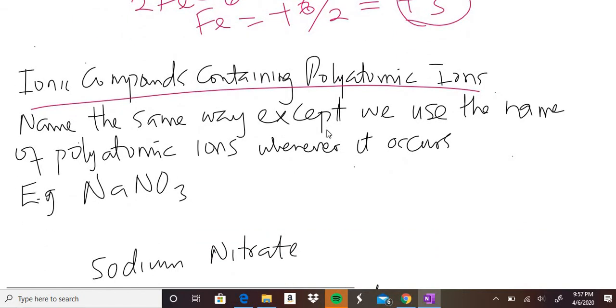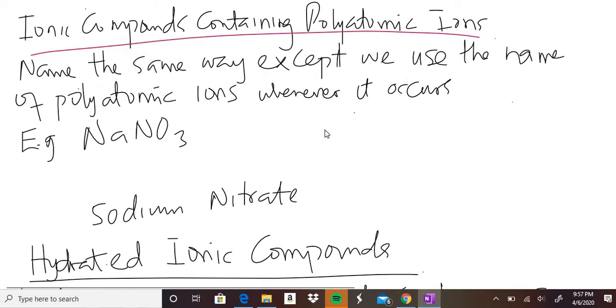Ionic compound containing polyatomic ions. We name them the same way, except we use the name of polyatomic ions wherever it occurs. For example, NaNO3. NO3 is a polyatomic ion, and it is called nitrate. We have the list of polyatomic ions.